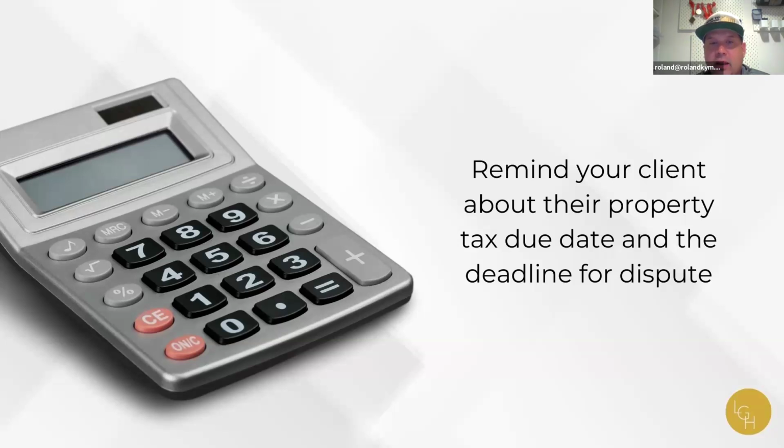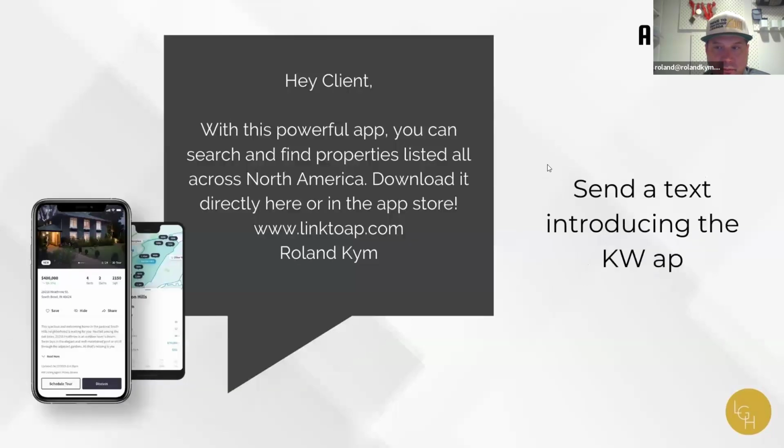So it's one of the manual touch points I push out to my clients, reminding them at a certain point in time when the tax due date is coming up. That's also an opportunity if they wanted to dispute the market value of their home. I let them know that I could provide them with information should they feel that the property is mispriced and they're paying too much taxes. So this is a manual email that is going out at my discretion.